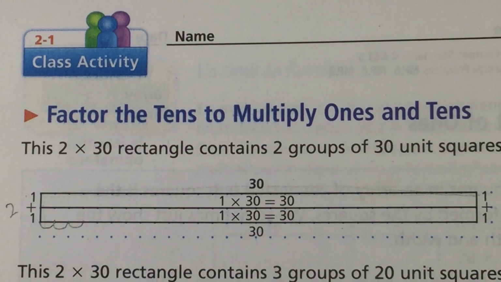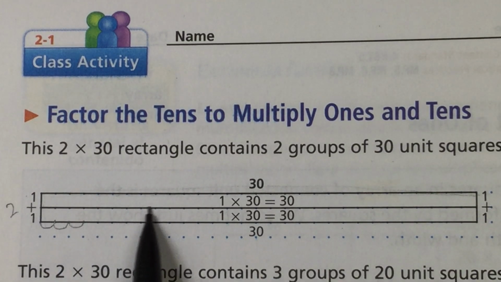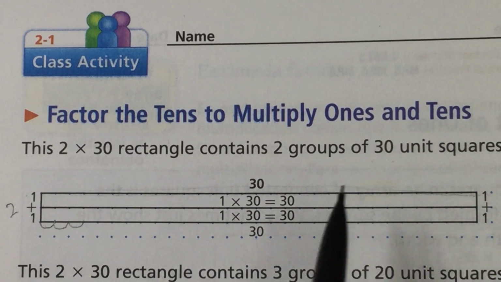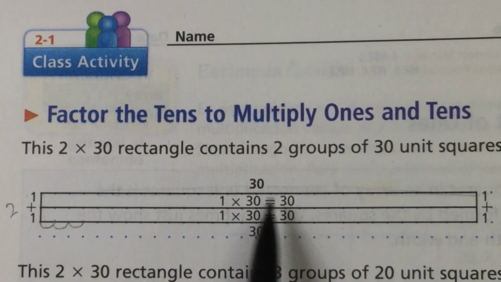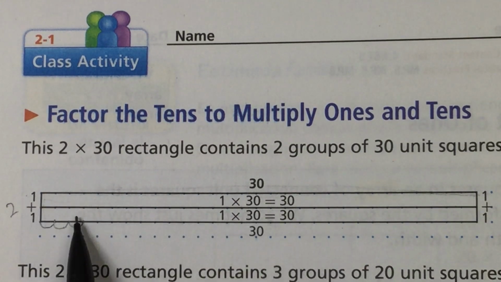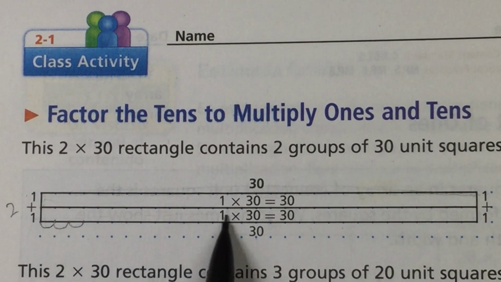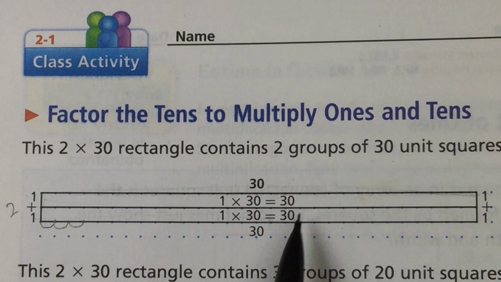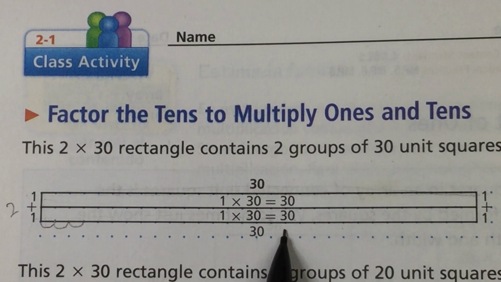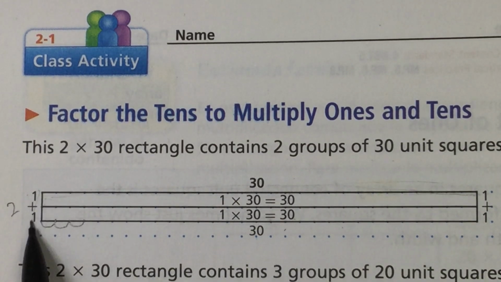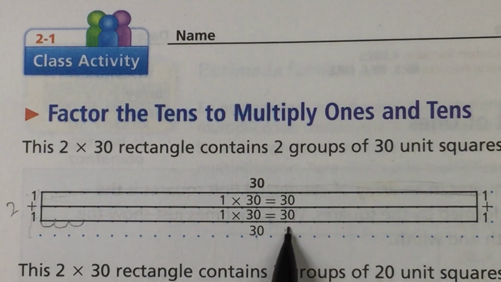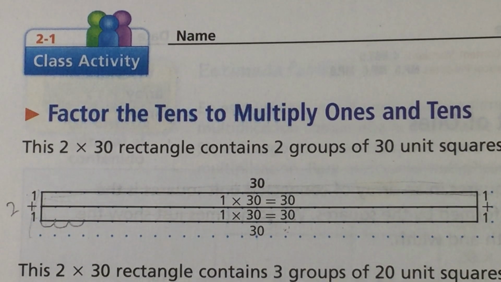And then what they've done is they've divided that into each row and shown 1 times 30 equals 30, because in one row, and then another row of 30, 1 times 30 equals 30, and then you have 2 30s. So what do you think the answer to this multiplication problem is if we have 30 times 2? 2 30s, or 30 plus 30, would equal 60.